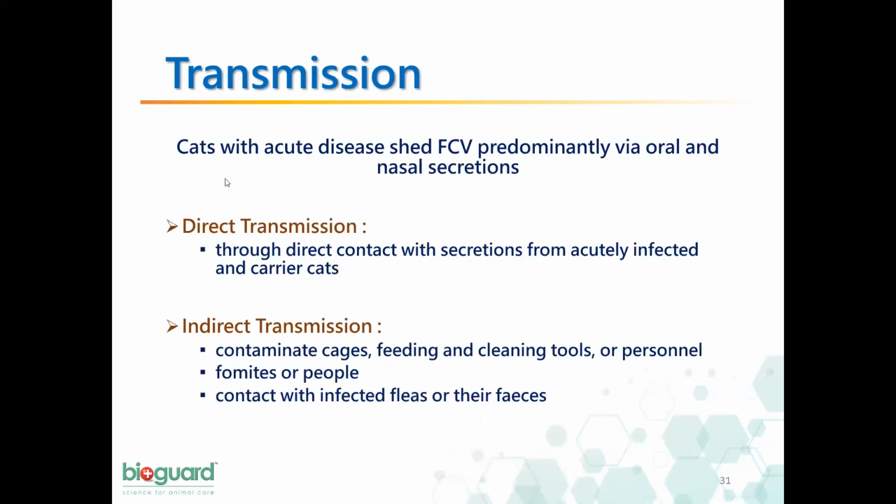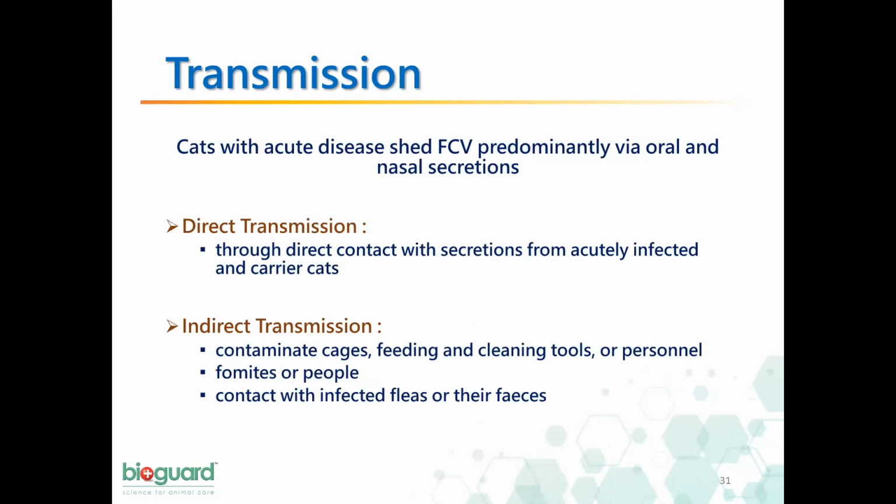When we talk about transmission, cats with acute disease will of course shed the virus predominantly, which will enter a new, healthy cat through the oral or nasal passages. The shedding happens through oral and nasal secretions. The transmission can be in two forms.